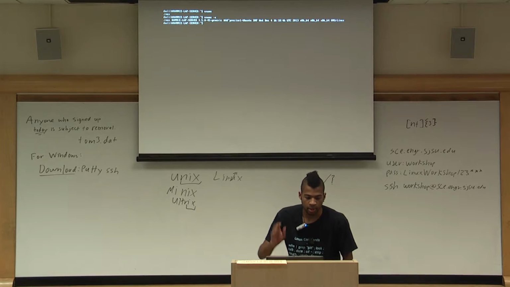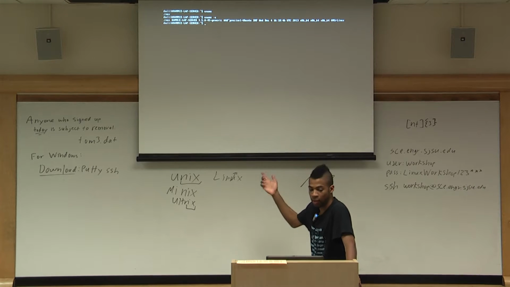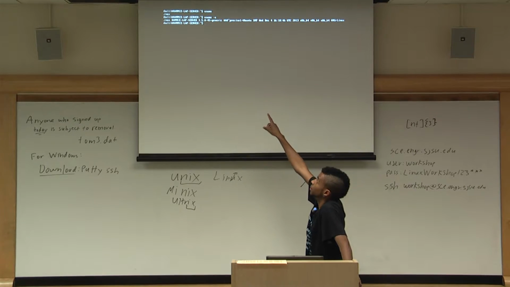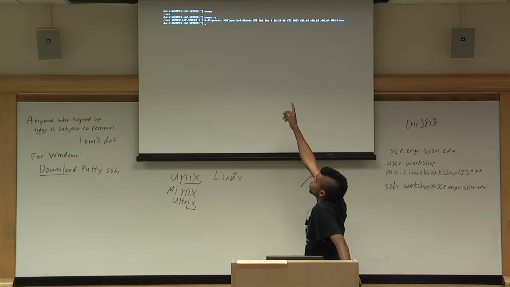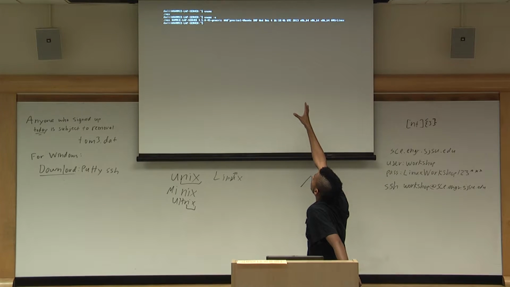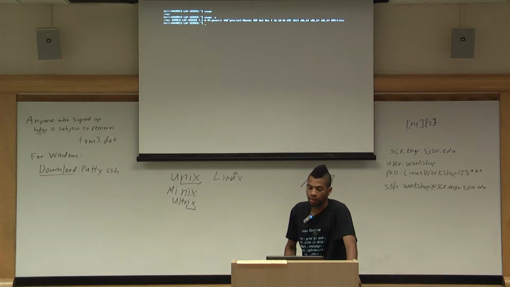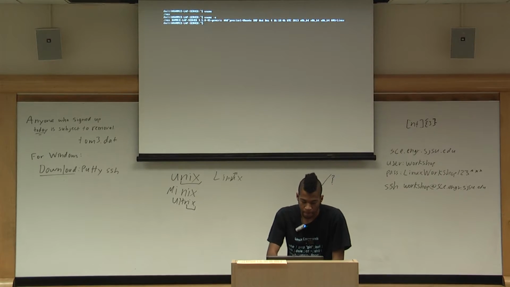If I go -a, I can then see Linux, the server that I'm using, the kernel version that I'm using, precise Ubuntu, and a date, December 4th. I don't think that's the day I set it up. It might have been the last time I updated the kernel. And then what type of CPU that I'm using.